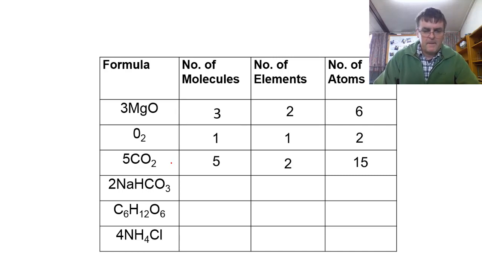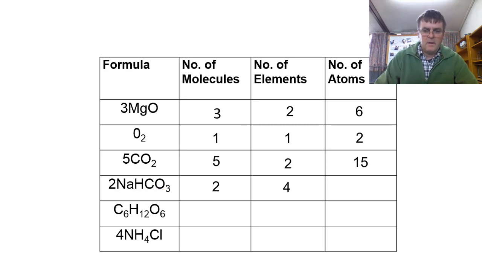Sodium carbonate. How many molecules? I've got 2 at the front, so I've got 2 molecules. How many elements? There's a sodium. There's a hydrogen. There's a carbon. And there's an oxygen. So I've got 4 different elements. So your turn to think about it.